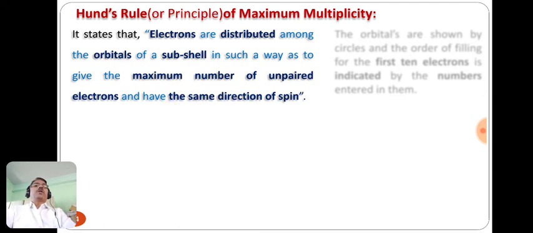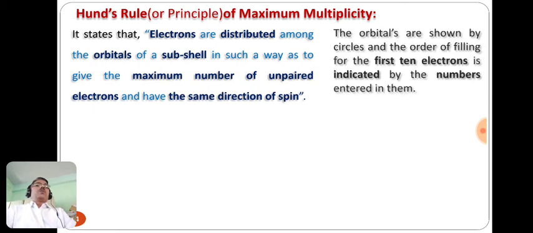So Hund's rule of maximum multiplicity states that the distribution of electrons is possible in such a way that it gives the maximum number of unpaired electrons, and they have the same direction of spin.